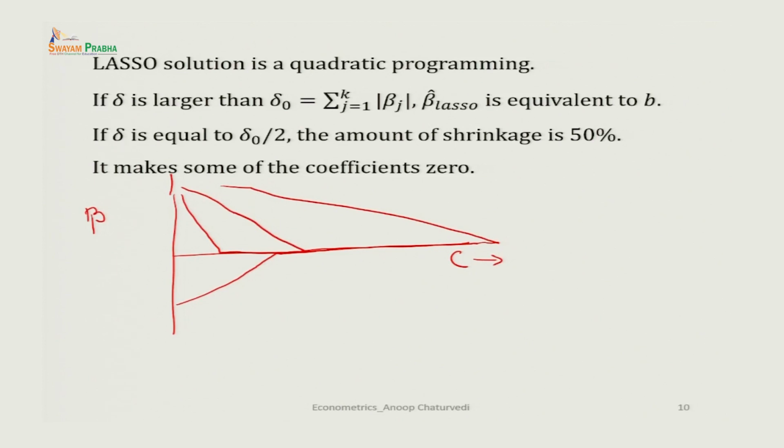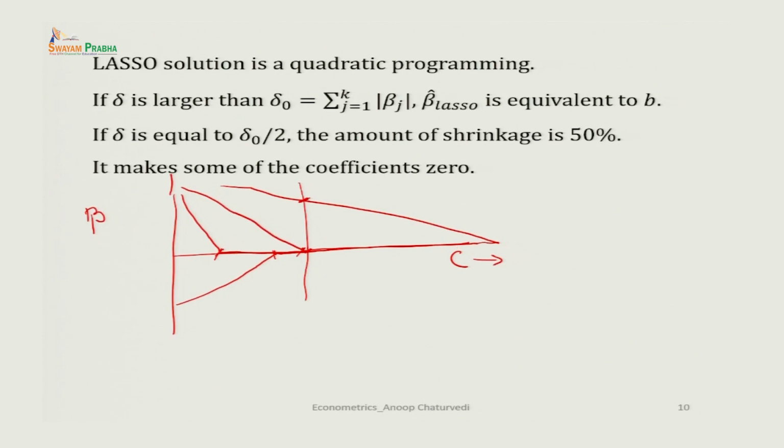So, you see that for any particular C, some of the estimators are becoming 0. So, if you select C here, then this estimator is 0, this is 0, this is 0, but here you get a non-zero estimator. So, actually this lasso solution makes some of the estimators equal to 0.